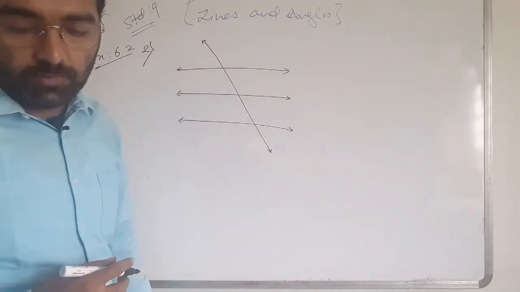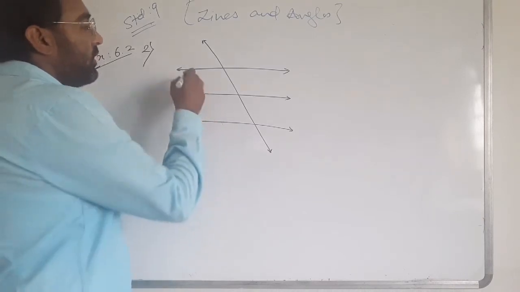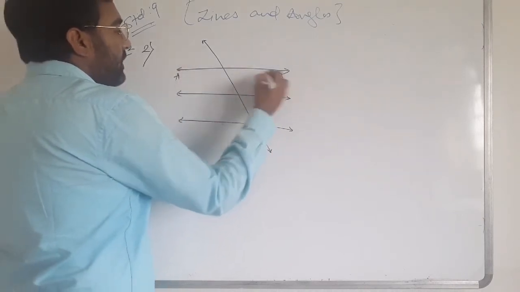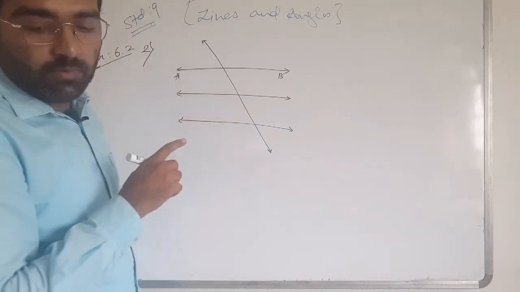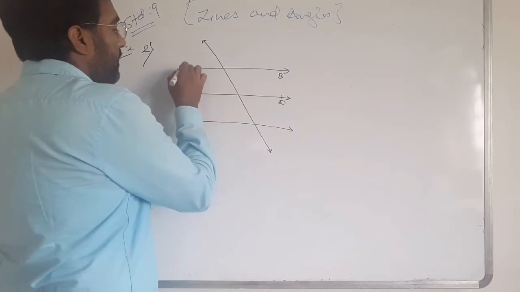Here the three parallel lines are AB, the second one is CD, and the third one is EF.